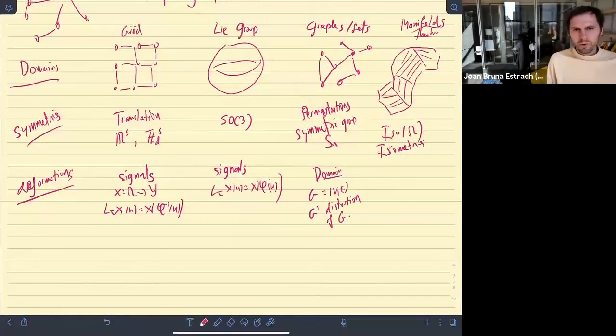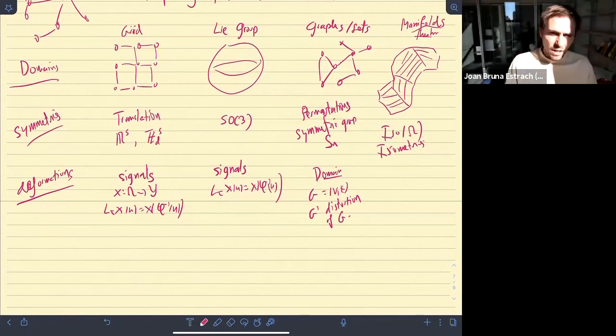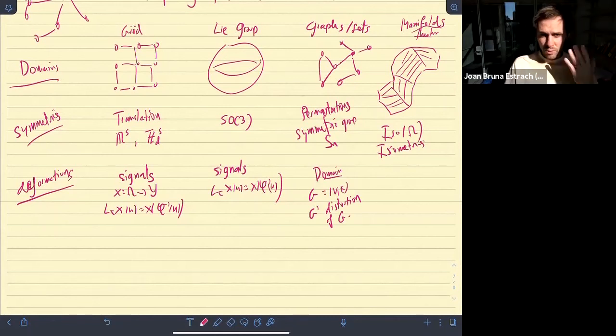The same way that we introduced deformation cost in the case of stability for signals, where we tried to define what it means for two signals to be close, to have a small deformation, by penalizing the norm of the Jacobian of the diffeomorphism, here it turns out that there are also ways where we can take two graphs and compute how far apart they are.